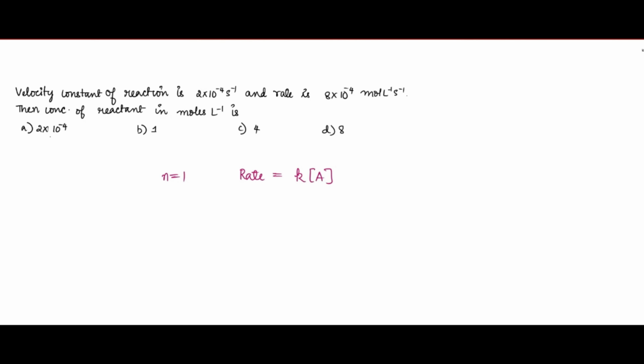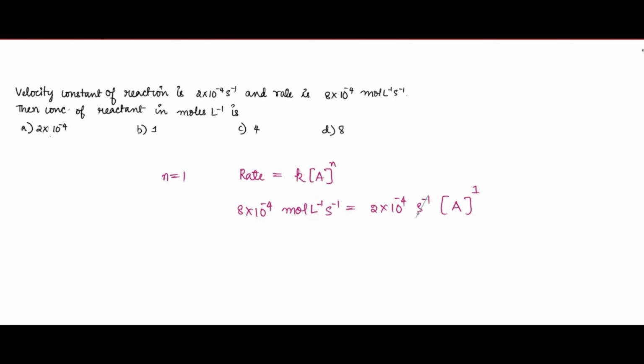For any order, how do we write it? Rate is equal to rate constant into concentration of the reactant to the power of its order. Here the order is 1, right? So what is rate? 8 into 10 to the power minus 4 moles per liter per second. Rate constant is 2 into 10 to the power minus 4 per second into concentration A to the power 1.